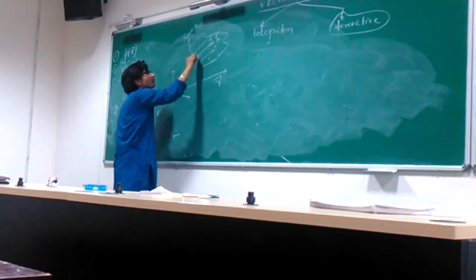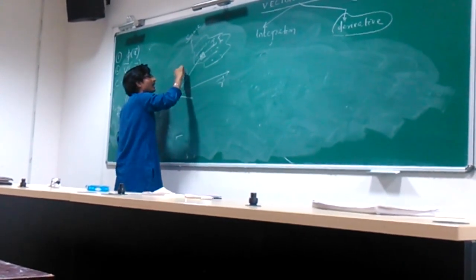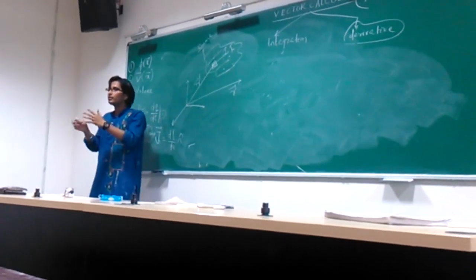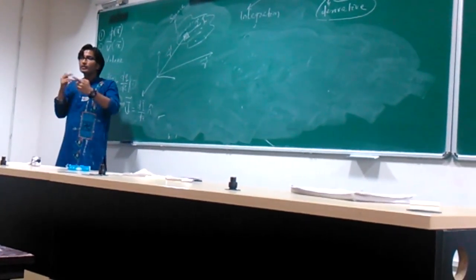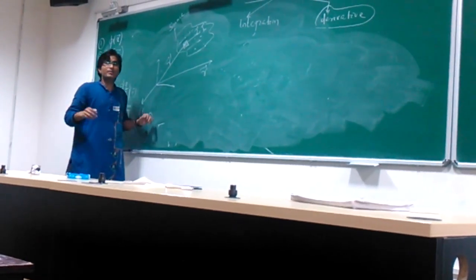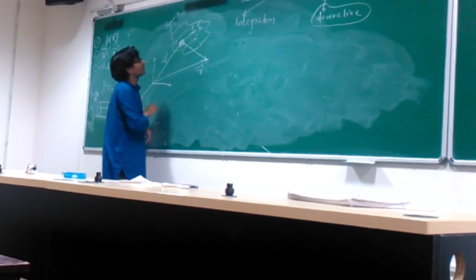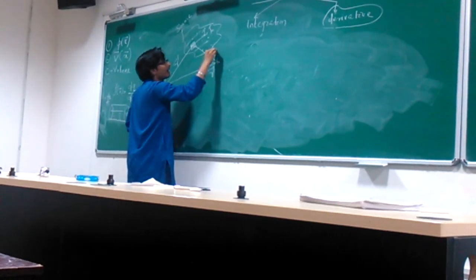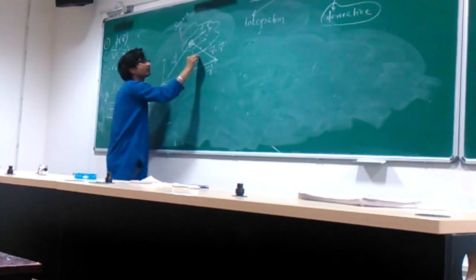So I go to some small volume here, and I call it r dash. Remember this notation, you will use it everywhere. And those who are following Griffiths' electrodynamics book, they will always get confused if you don't listen to what I'm saying. Whoever is sleeping, let them sleep. And if this is r dash and this is r, then this is r minus r dash. Fine? I call it curly R.